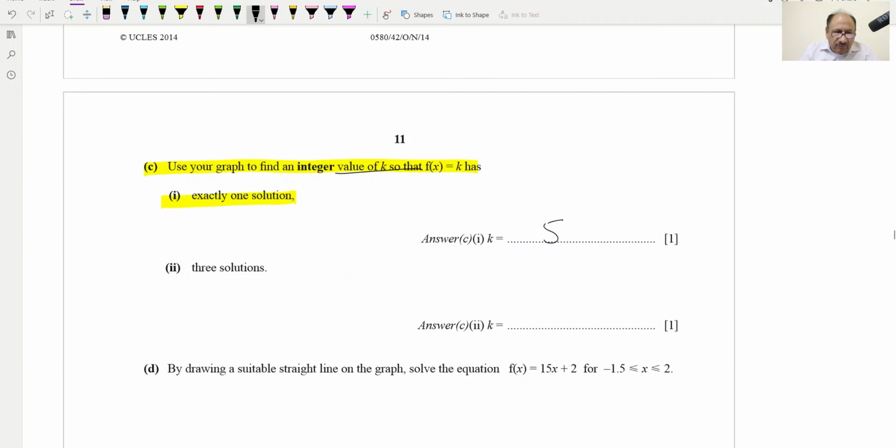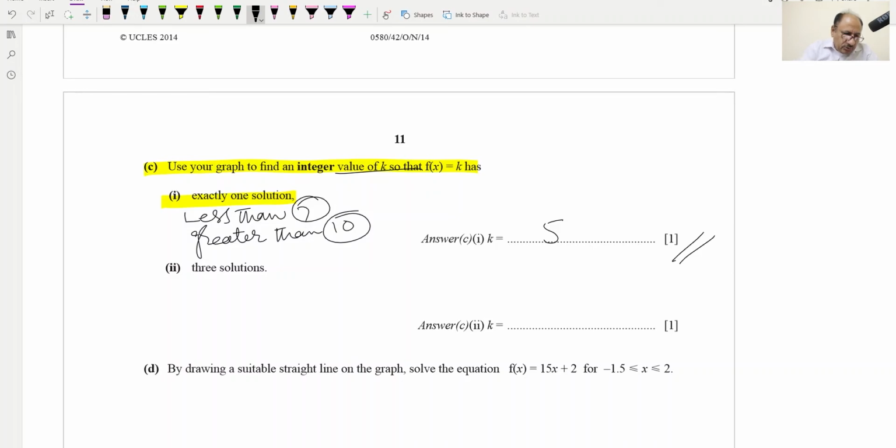For 5 it will have only one solution. So here for your explanation I'm writing it, this value should be less than 7 or greater than 10. So this should be the condition, and this is a 1 mark part only.